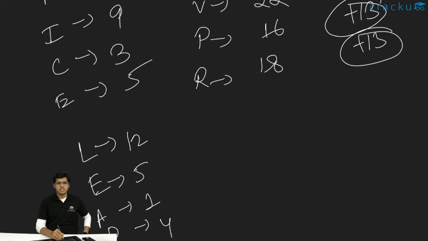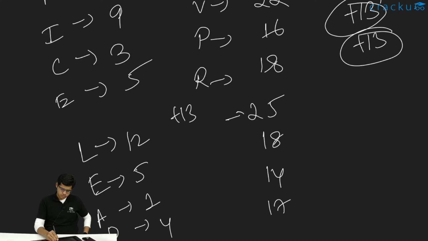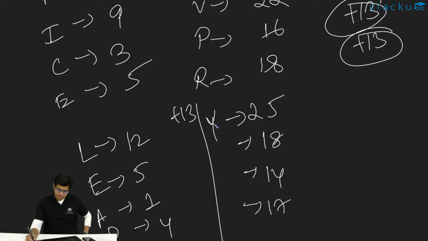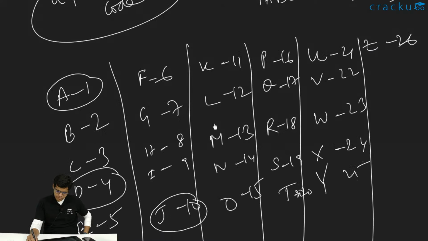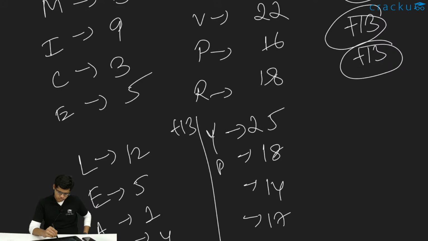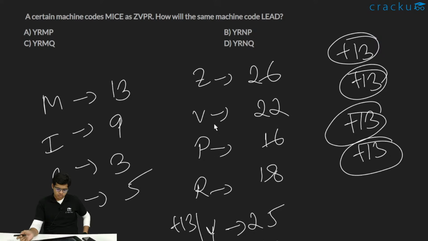We need to add 13. 12 plus 13 is 25, 5 plus 13 is 18, 1 plus 13 is 14, 4 plus 13 is 17. 25 is Y, 18 is R, 14 is N, 17 is Q. So the correct answer is Y, R, N, Q, which means option D is the right answer.